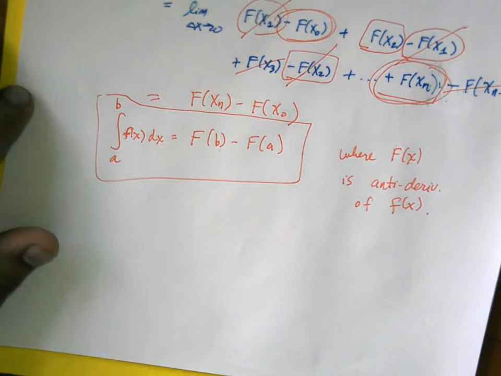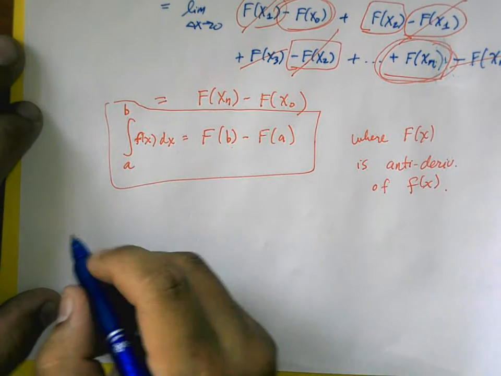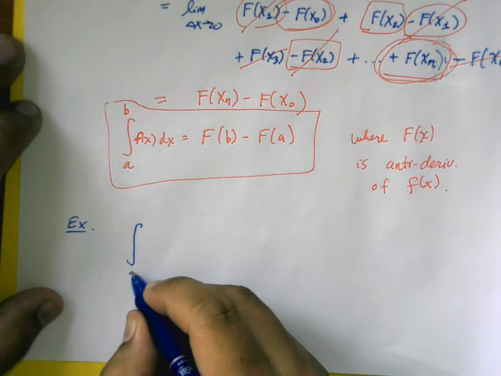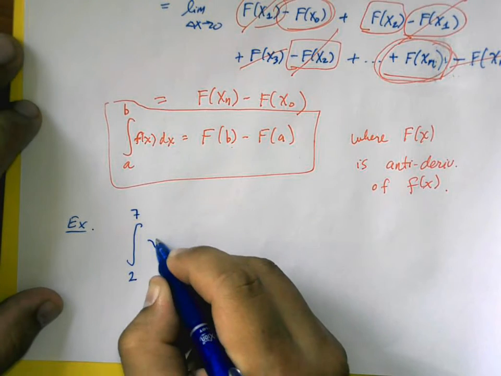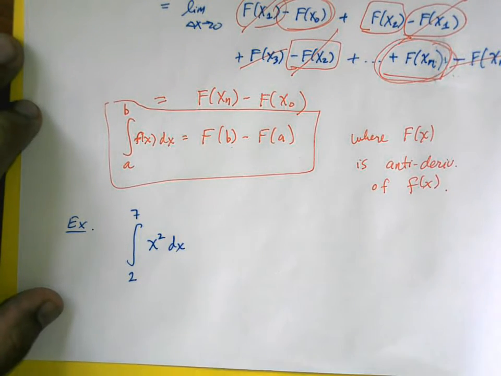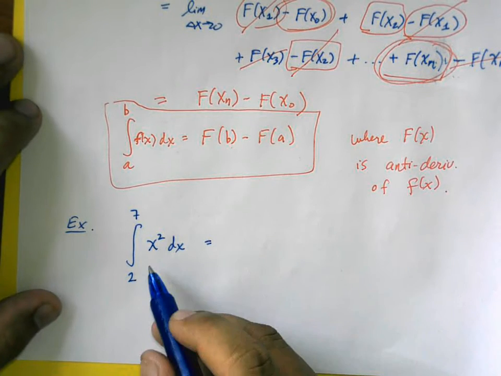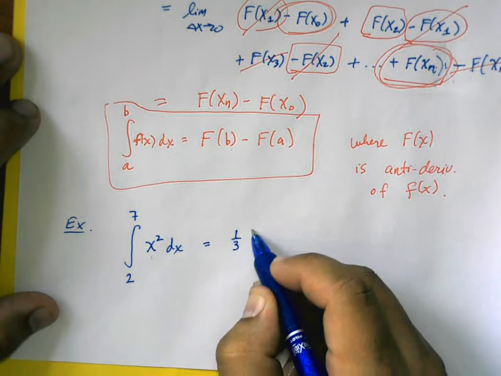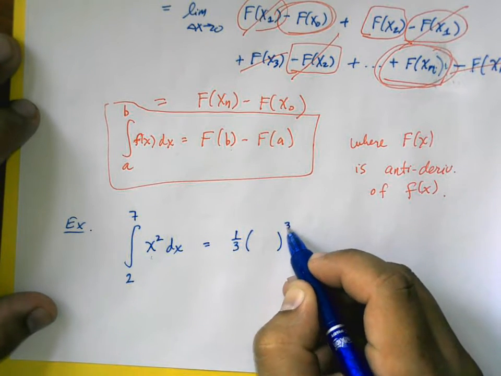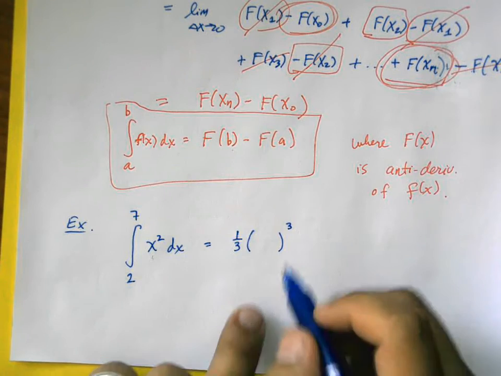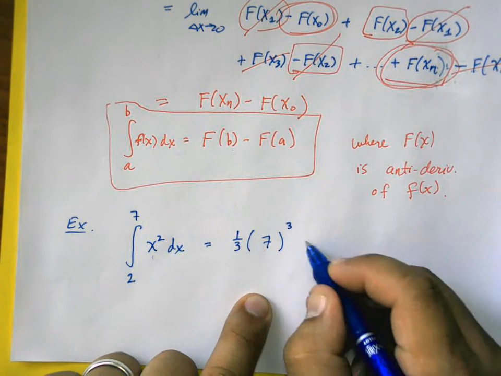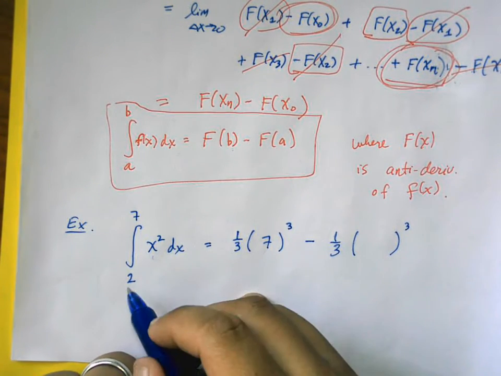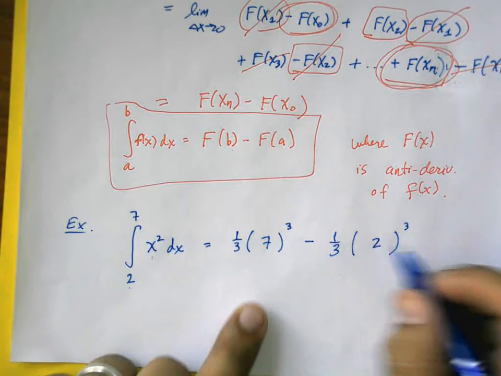Okay. So now, as a little teaser and a quick example here, what is the integral from, oh, I don't know, 2 to 7 of x squared dx? Well, we know that we take the antiderivative of this function, which is 1/3 x cubed, of b, which is 7, minus the antiderivative, 1/3 x cubed, of a, which is 2.